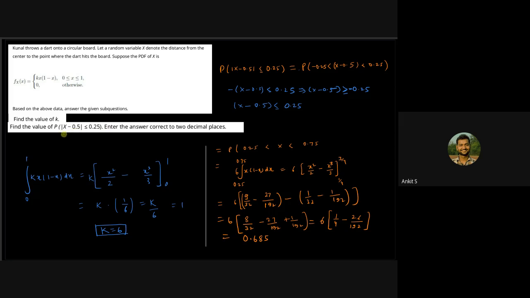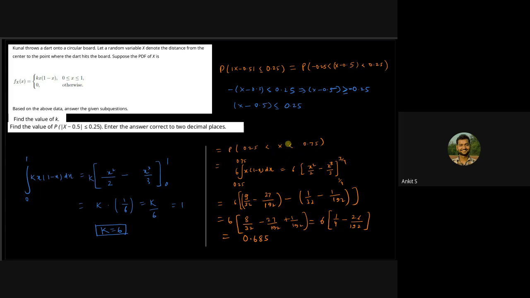So this is the probability that mod of x minus 0.5 is less than or equal to 0.25. We can simplify this, and here I have simplified it. You will find that it is actually asking for the probability that x will take a value in the range 0.25 to 0.75.